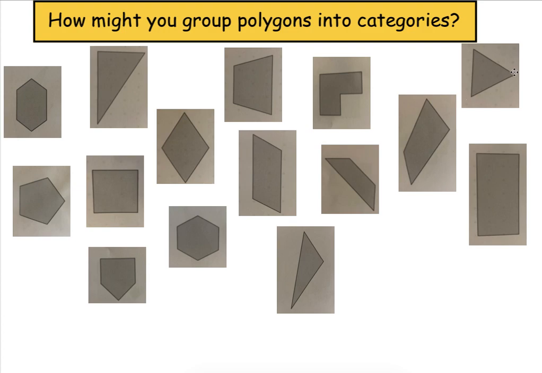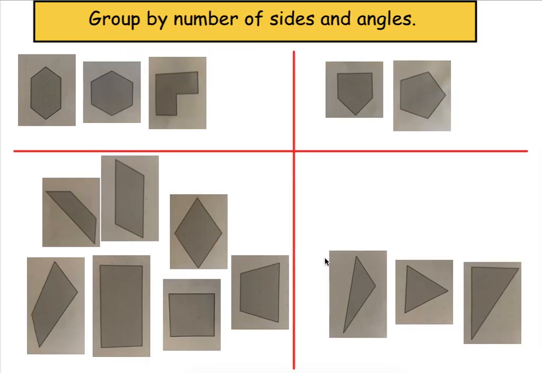So there's 1, 2, 3 here. I have another one down here, 3 sides and 3 angles, vertices, or corners, depending on the word that you might use. So we could group these polygons into categories based off of the number of sides and the number of angles. So I group them that way.